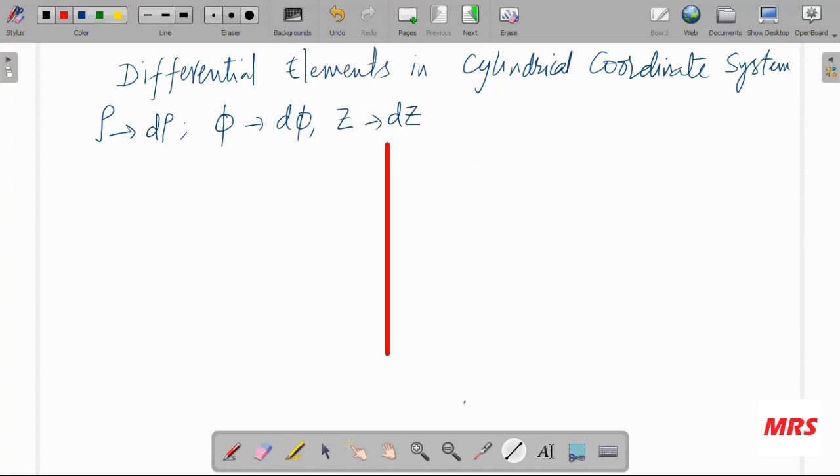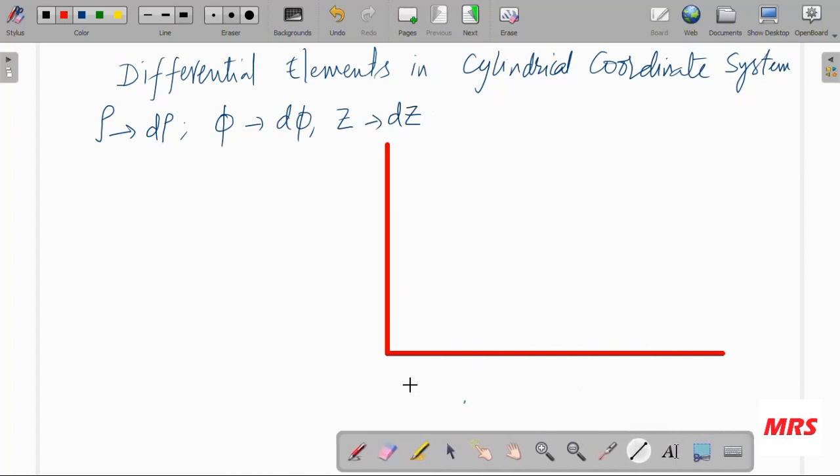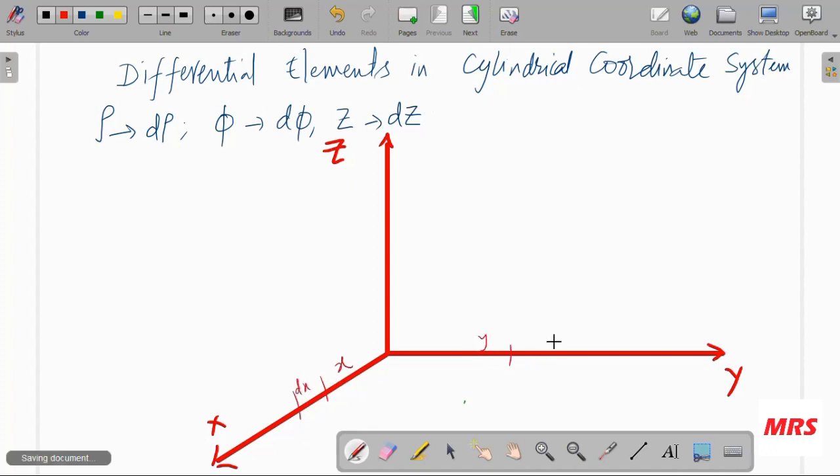So this is the fundamental coordinate system x, y, z. As we know, x is incremented with dx and y with dy, as we have seen in the Cartesian coordinate system.